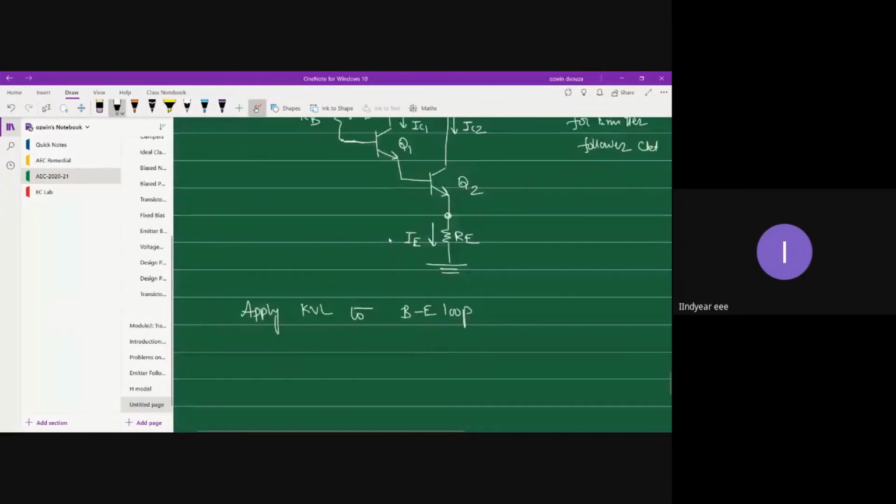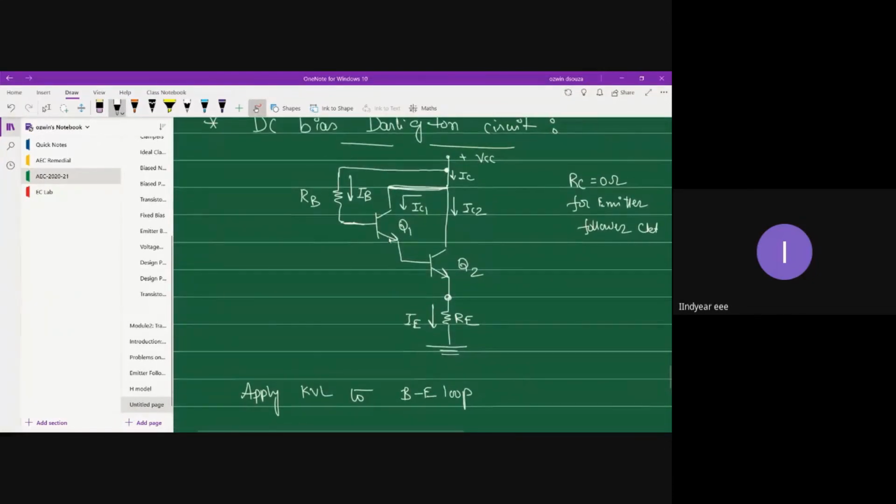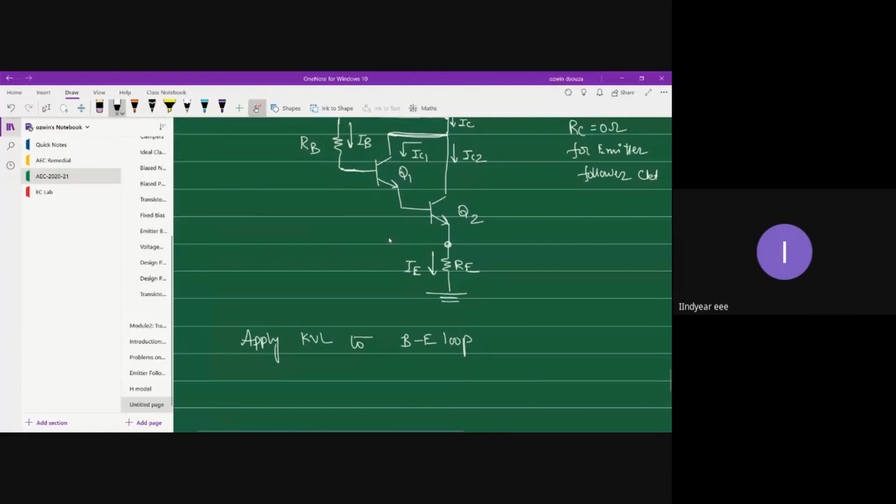What you have to observe here is that this is base and this is emitter, and once again you have the base terminal of the second transistor and the emitter terminal of the second transistor. So there will be two base to emitter voltages.